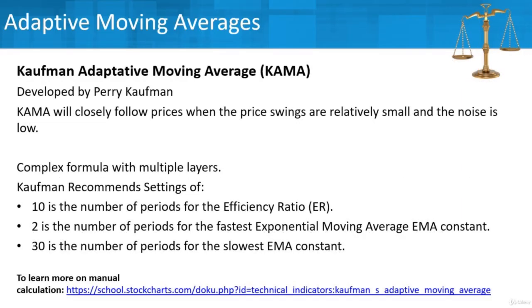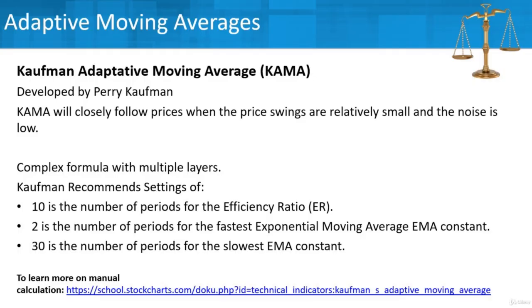What you'll see on trading platforms, and probably the most popular one of this, is the Kaufman Adaptive Moving Average, which you'll probably see listed as KAMA, named after a gentleman named Perry Kaufman. What it'll do is closely follow prices when the price swings are relatively small and the noise is low, right? So it's adjusting for that.